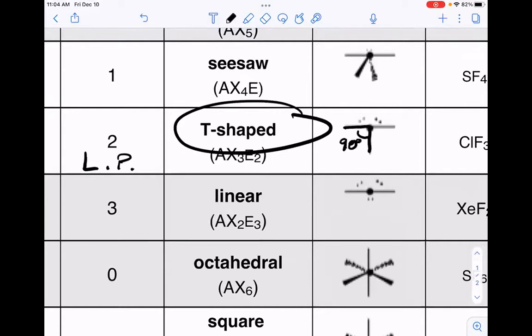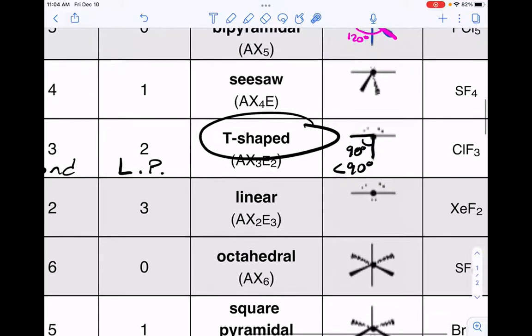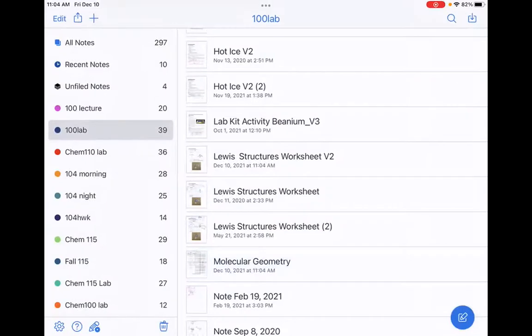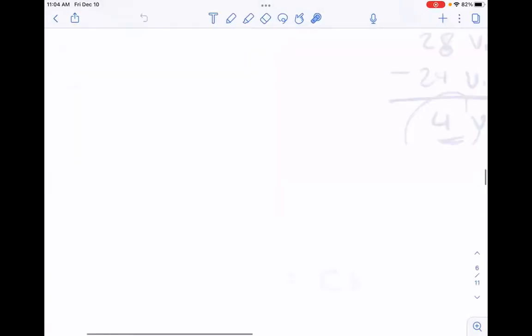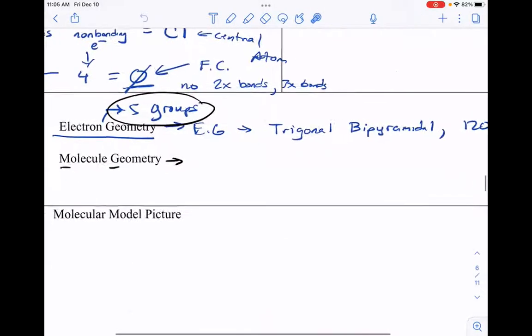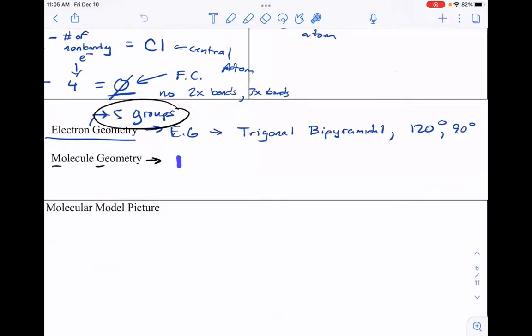And so the bond angle is just less than 90 degrees. It's less than this value. All right, and so let's go ahead and put that in. So it's going to be T shape.